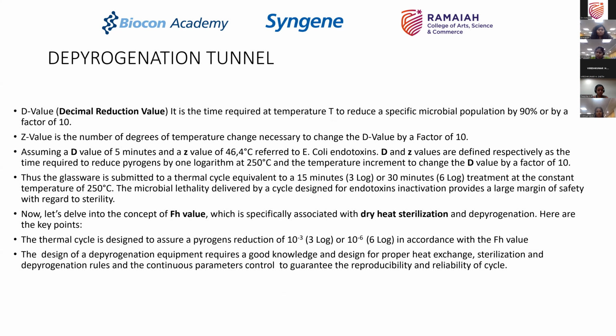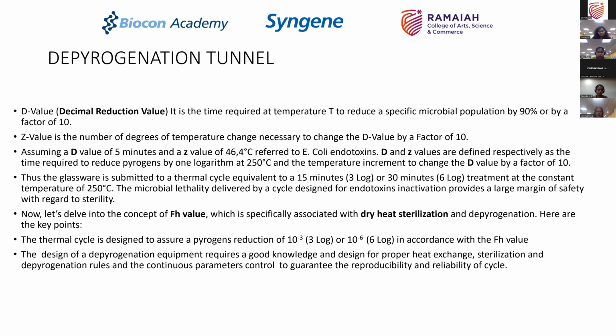Again, D value and Z value, like we did for moist heat sterilization, for depyrogenation also, the D and Z values become important. Here you will calculate the D value and the Z value the same way that you calculated before.